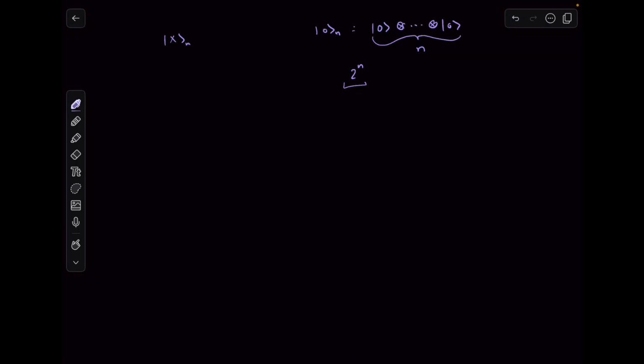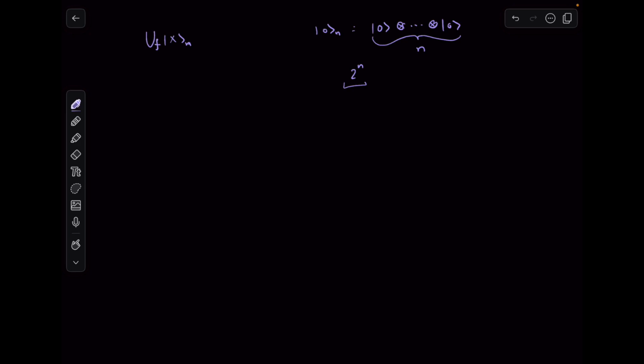In the following videos, we'll see how we can try and do that. But in general, it's not as easy as that. However, this is a good thing to make a note of, that your state space grows exponentially with the number of qubits. So that's what I mean when I put this subscript n here, that it takes n qubits for this bit string. And this is our input.